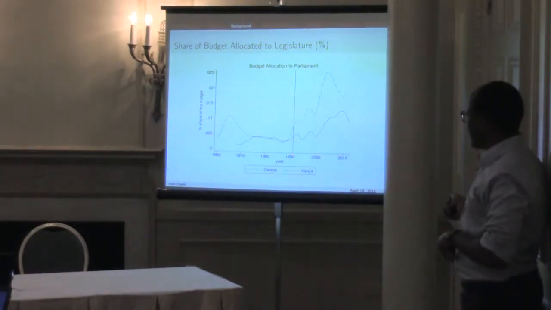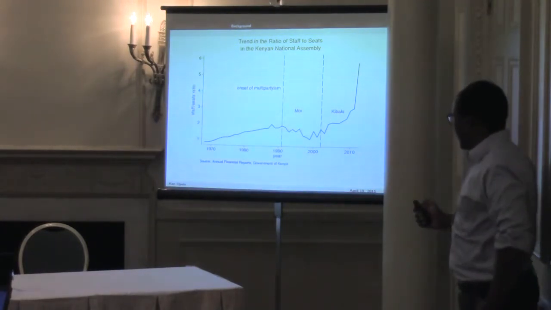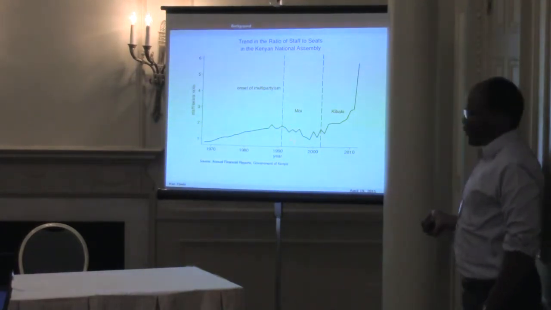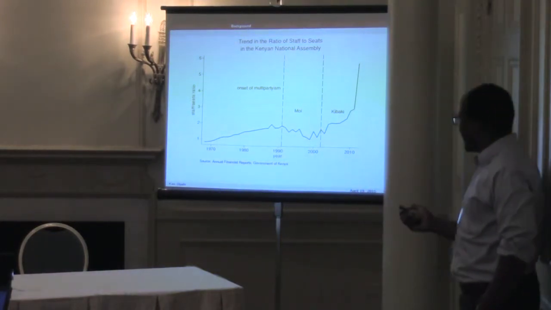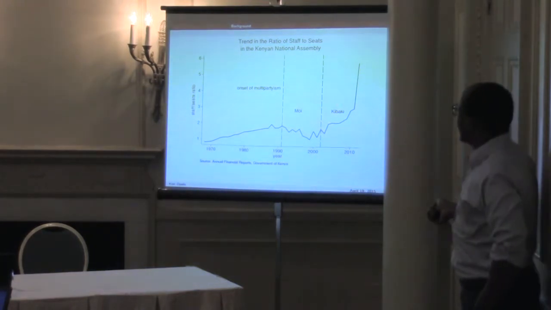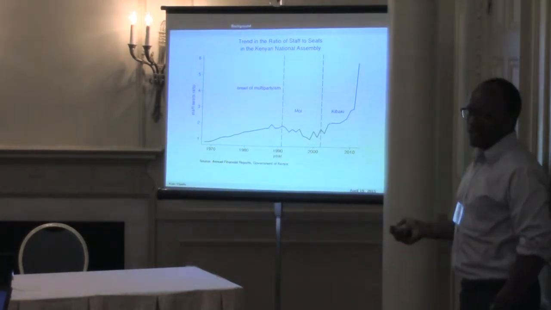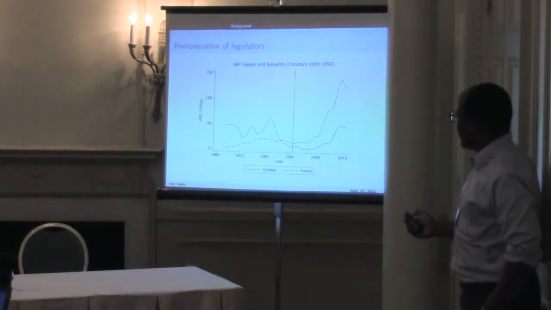Zambia stays flat until Chiluba leaves office. That's when it starts to have an uptick. Staffing: Moi actually, in the early 1990s, when the Kenyan parliament is getting stronger, tries to reduce the staffing, but after Moi is gone, you see the legislature being able to take advantage of its independence.